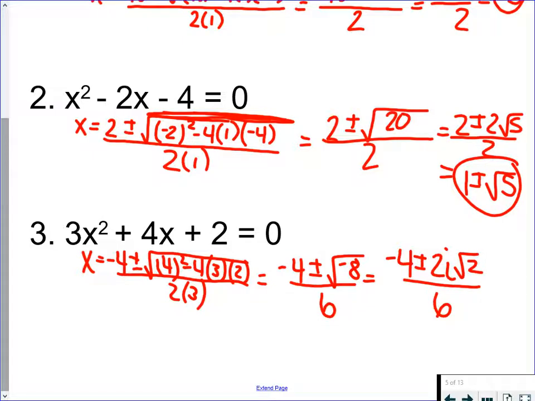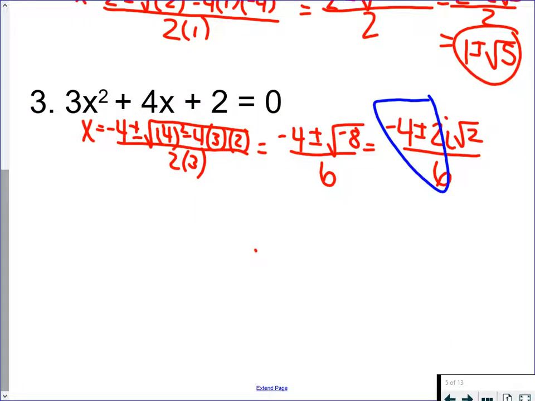That allows us to then divide all 3 of these by 2. So my final answer for that one, let me extend my page, is negative 2 plus or minus i square root of 2 over 3.